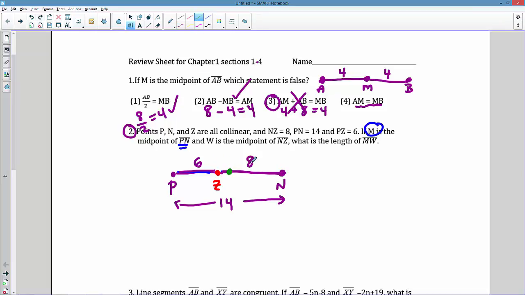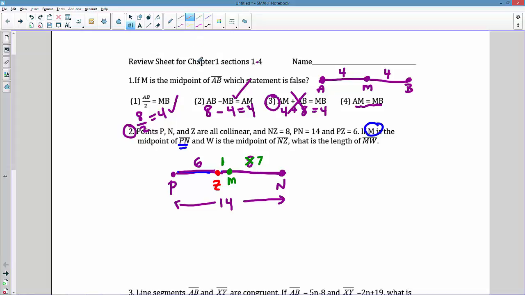So I'm going to have to change this 8 to be 7 and then put a 1 in between, see? Because this number always represents the closest distance between each point to the left and right of it. So because M is in the middle, that's 7, it's still 8 for NZ, and PM is 7, because that's the midpoint, but PZ is still 6, so I get a 6.